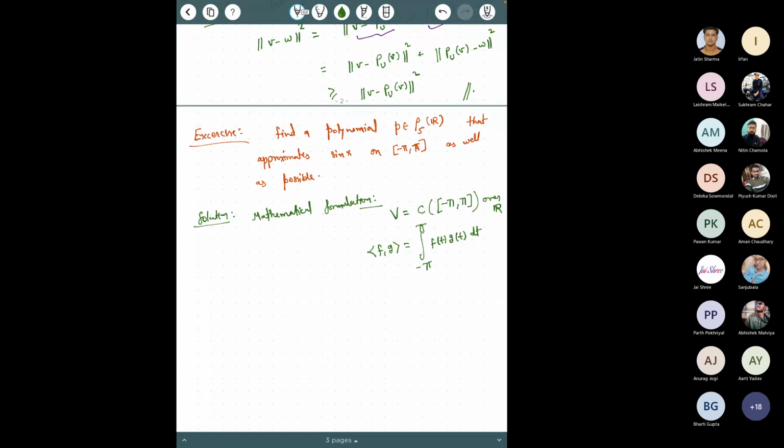This is an inner product, so V becomes an inner product space with this inner product. So now we have our inner product space.